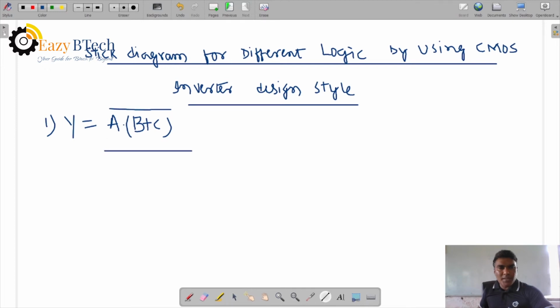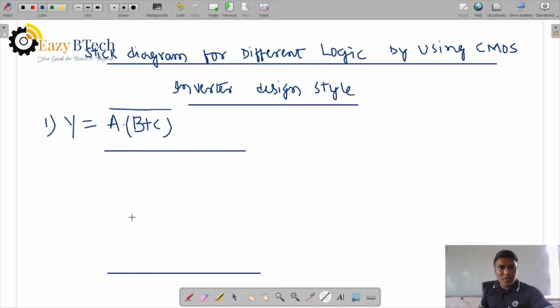In CMOS, both transistors are there, PMOS and NMOS. Now PMOS is the complement of NMOS. First you draw the logic for NMOS enhancement, then you can draw the complement of NMOS, right?